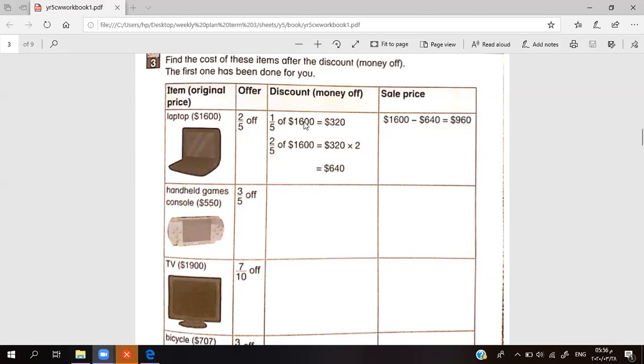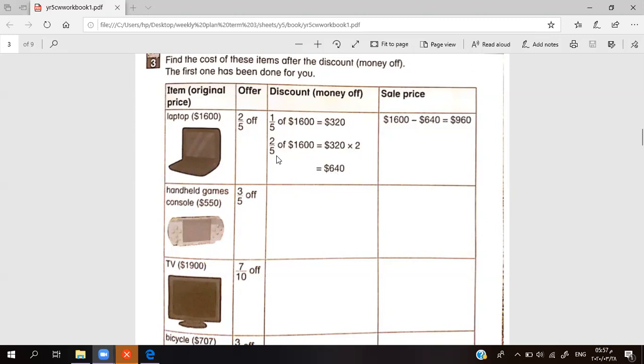What times 5 gives me 10? 2, and then a 0. So I know now that 1/5 is 320. So for the 2/5 I'll do 320 multiplied by 2, which is 640. That's the 2/5.